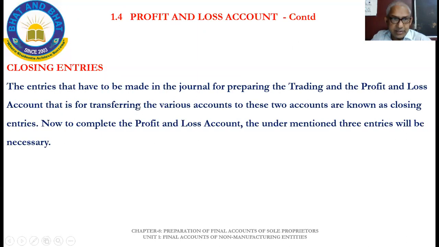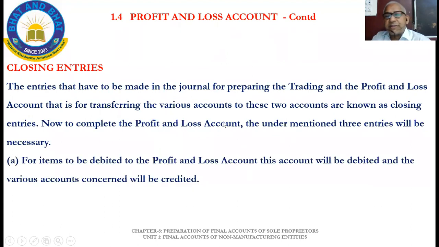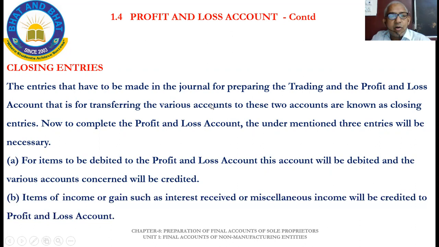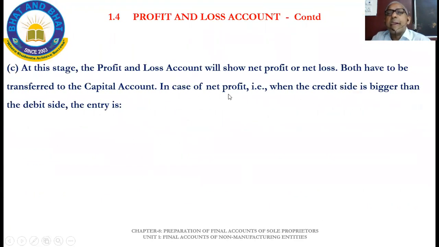Then like that, closing entries like trading account also will be for profit and loss account. All debits done. P&L account debit to those heads, all expenses heads, and all incomes debit and credit to the P&L account heads, all income heads.